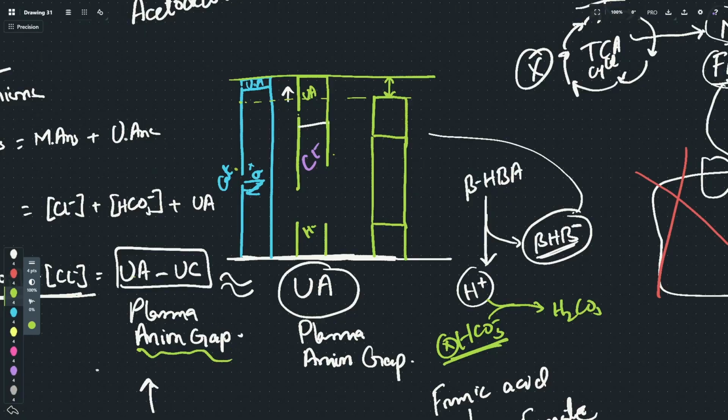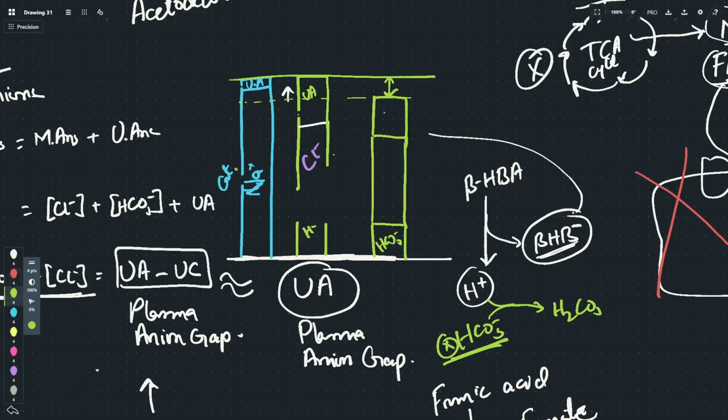It represents the unmeasured anions minus unmeasured cations, or for simplicity mainly the unmeasured anions. So if there is just a decrease of bicarbonate, just loss of bicarbonate, and no increase of unmeasured anion or any other thing, then an actual gap would be produced, and that is not physically possible.